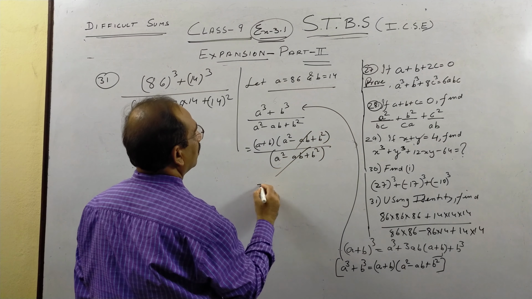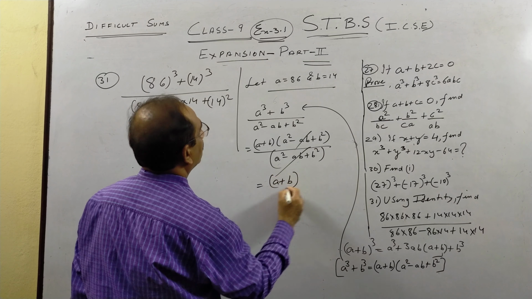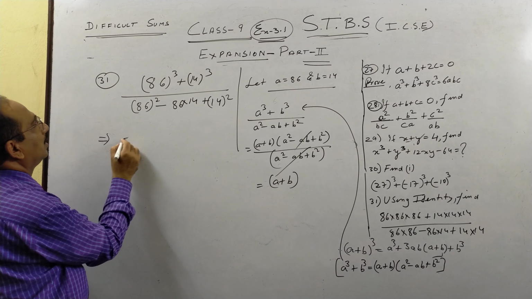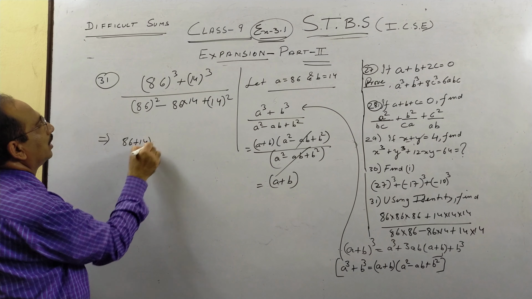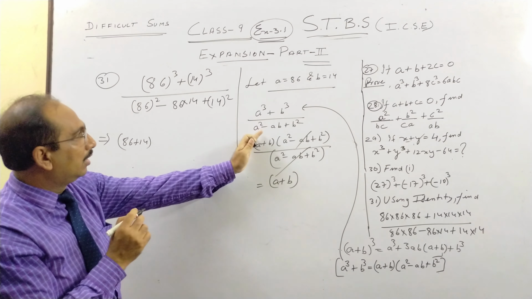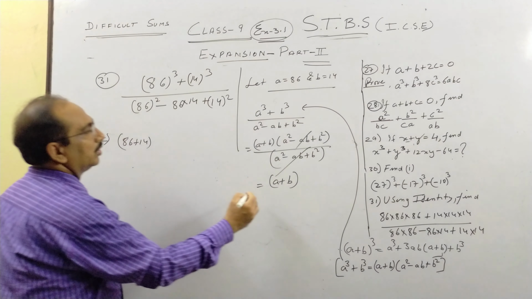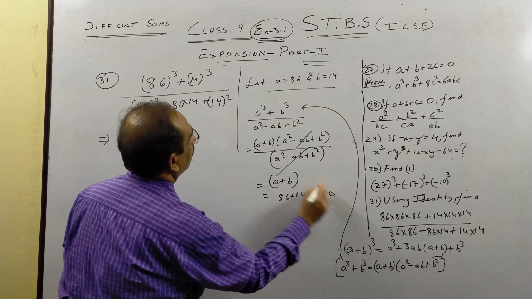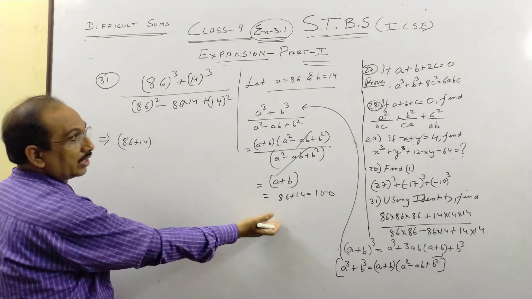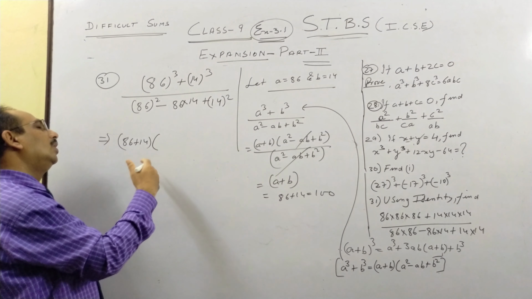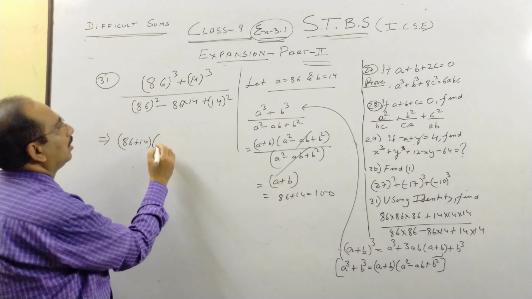Ultimately it cancels and you get A plus B. In the same way here, it is 86 plus 14, A plus B. I am showing you in both ways. This was not required, but I am showing you both. So here the answer will be 86 plus 14, which is 100. This is the formula method, and you can do it directly by substituting A and B. Any one you can do, and if you can show both, well and good.